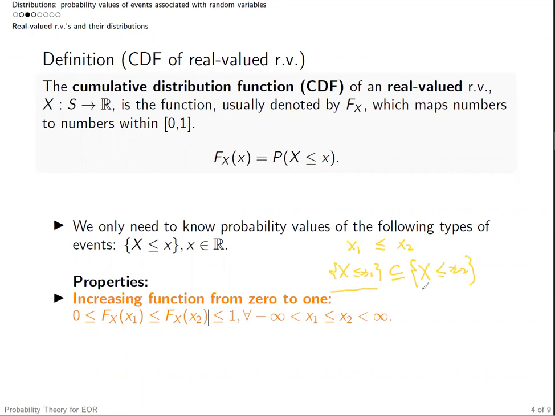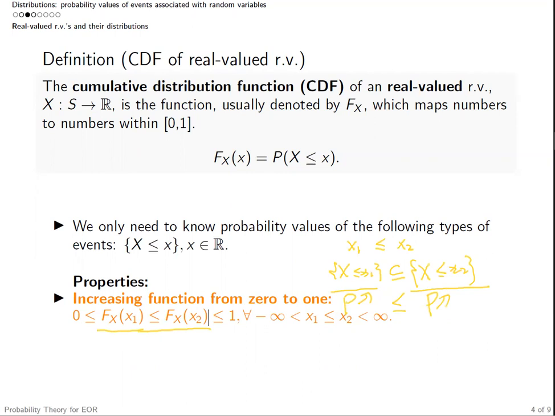And according to axioms of probability, we know the probability value of this event will always be smaller or equal to the probability of this event. And therefore, F_X(x1) is always smaller or equal to F_X(x2).